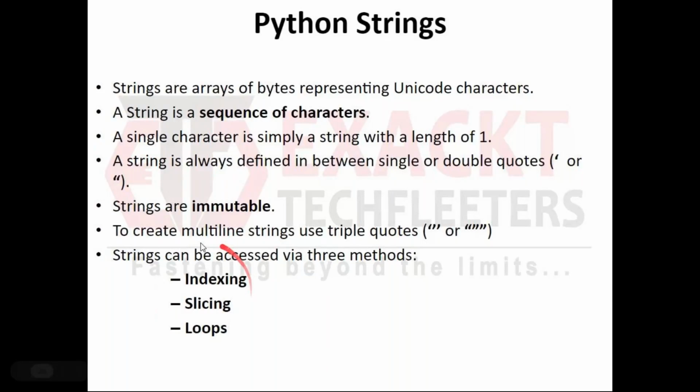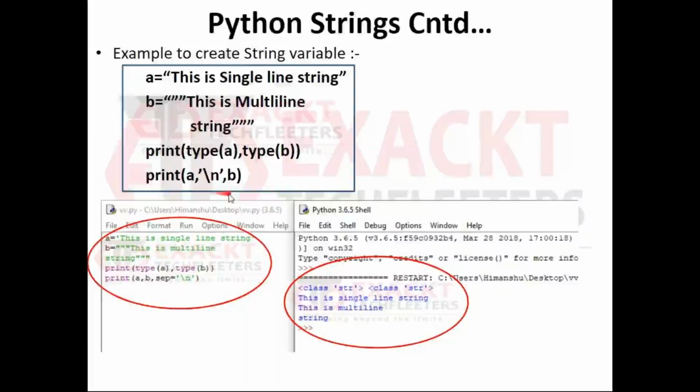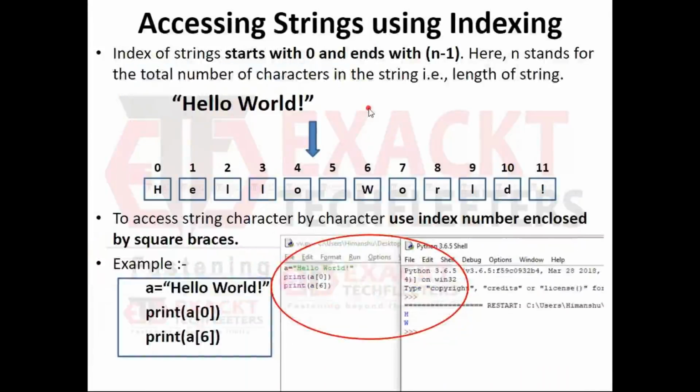So basically, this is our string, Hello World. In our RAM, or we can say in our memory, how is this string stored? For each character, a memory location has been assigned.